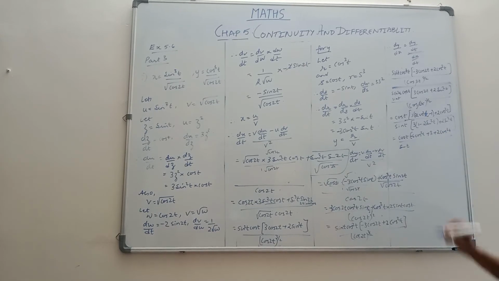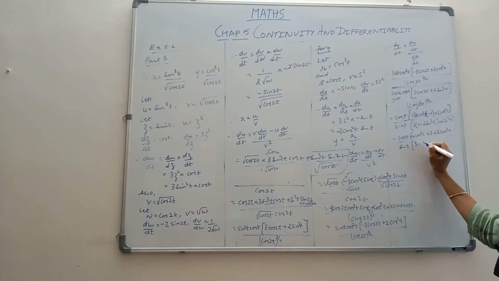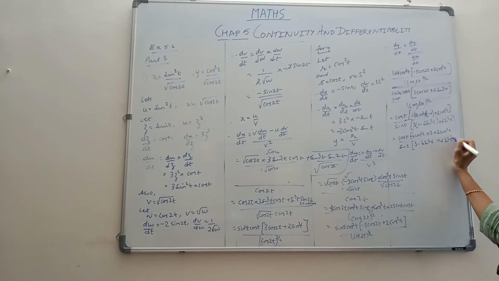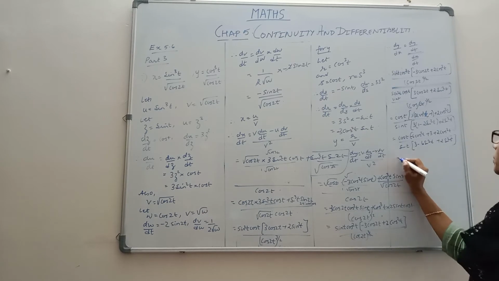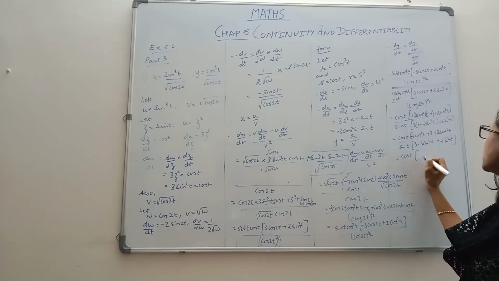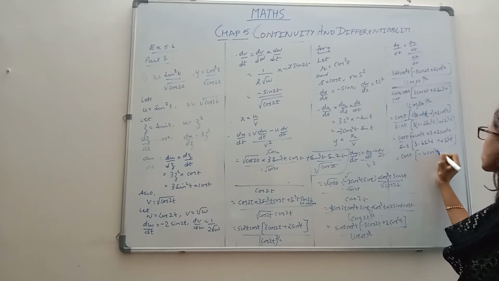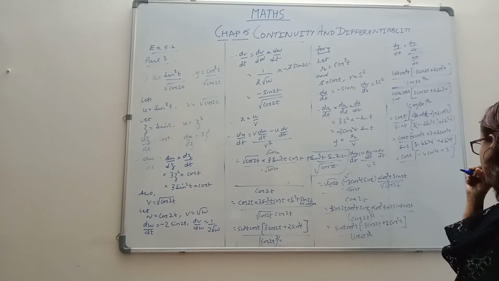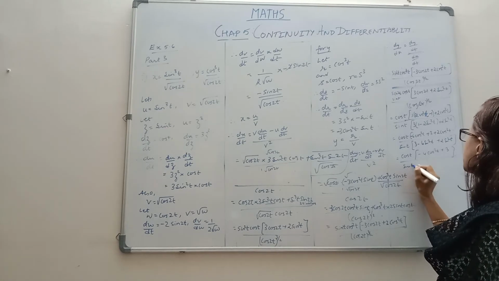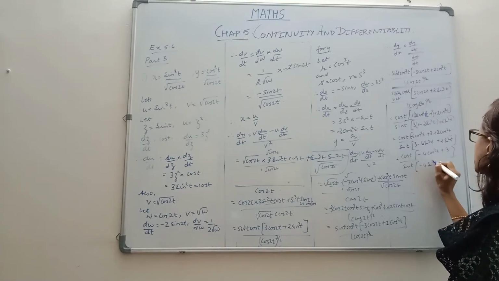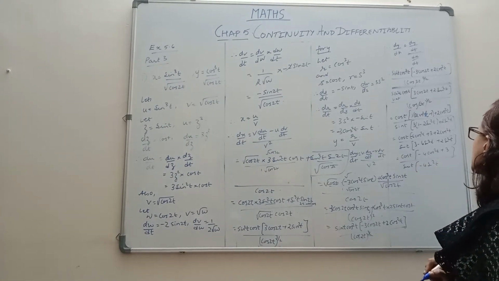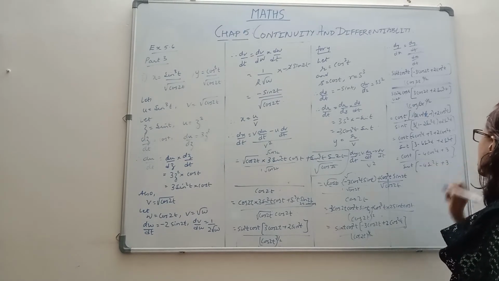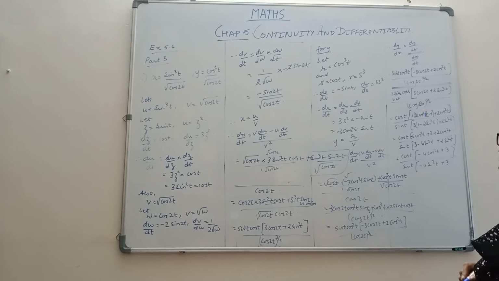Then here it is 3 minus 6 sin squared t plus 2 sin squared t. So what is this coming? Cos t times minus 4 cos squared t plus 3, and sin t times minus 4 sin squared t plus 3.